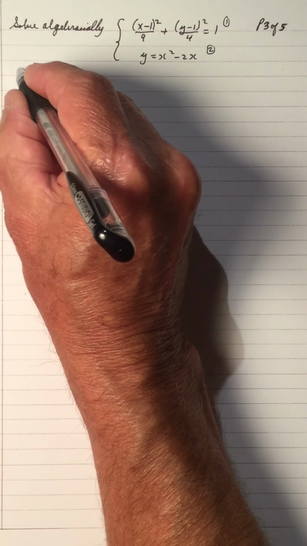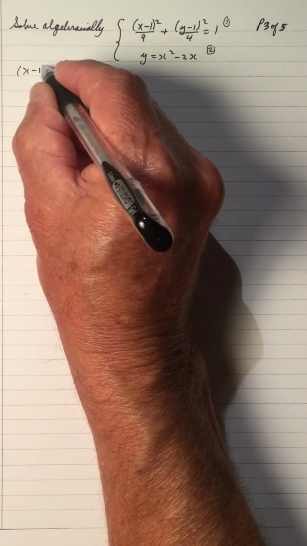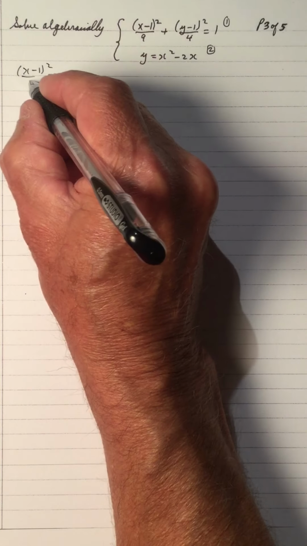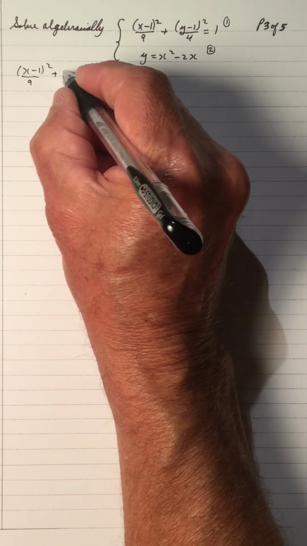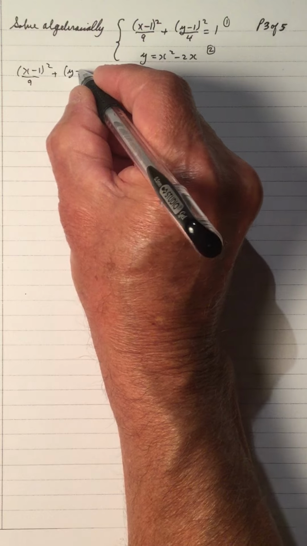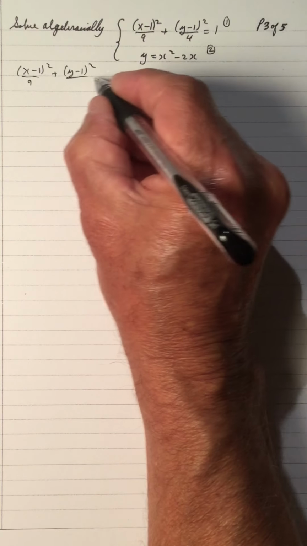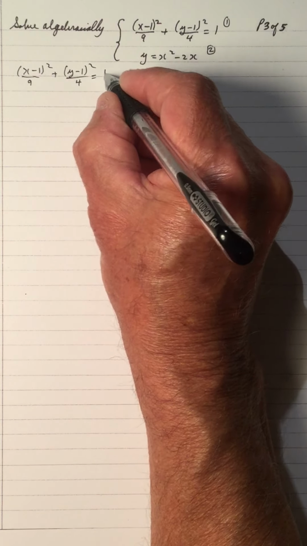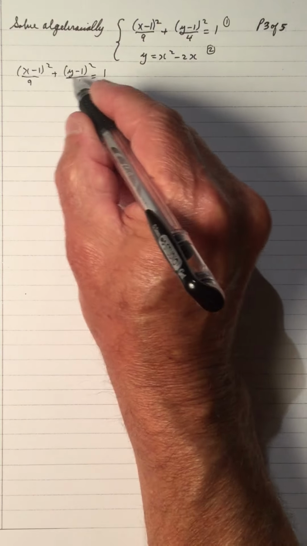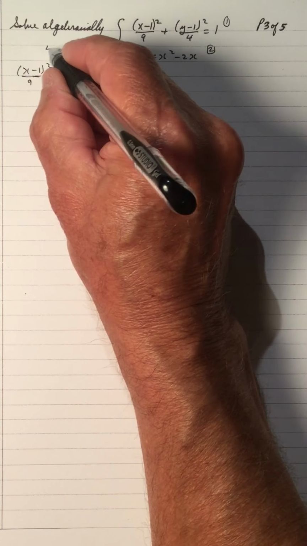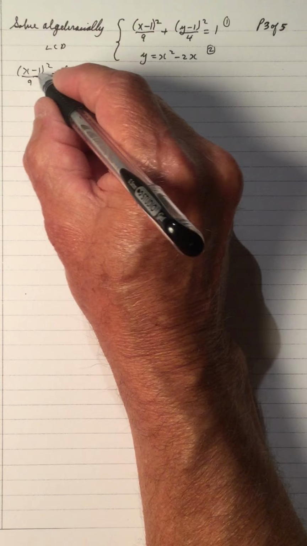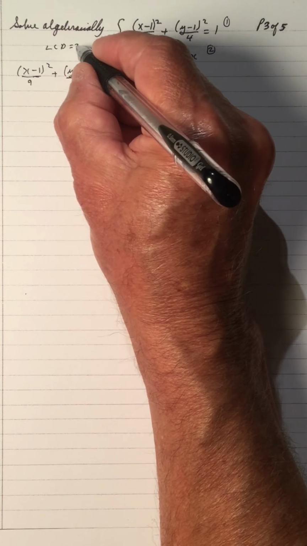So let's write down equation 1: (x - 1)^2 over 9, add on (y - 1)^2 over 4 equals 1. So this is the first equation of the ellipse. The LCD of 4 and 9 is 36.